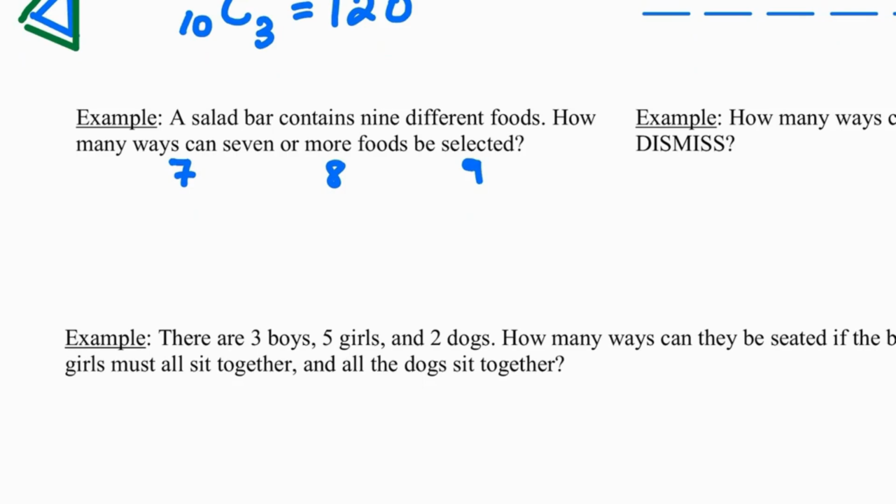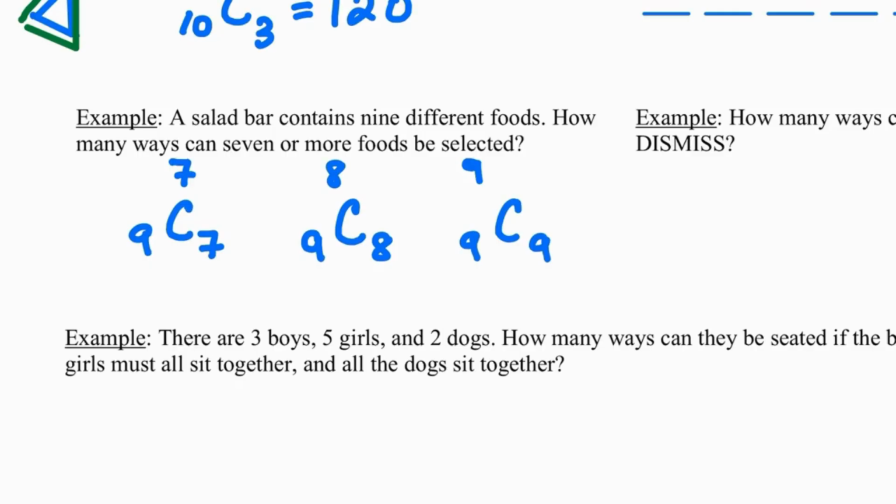It's a completely similar dish. So since the order doesn't matter, I have 9 items to choose from, and I want 7 of them. There are 9 items to choose from, and I want exactly 8 of them. And then if I want to choose all 9.